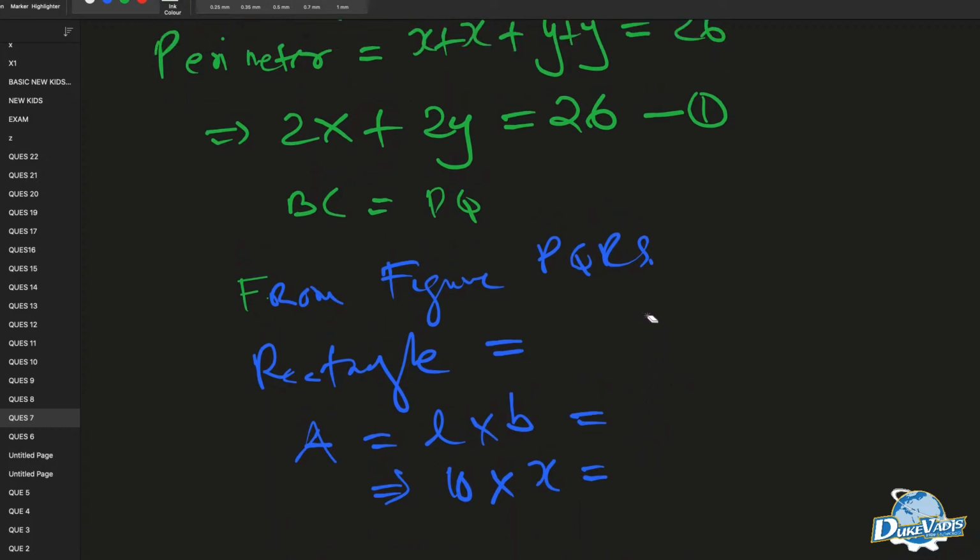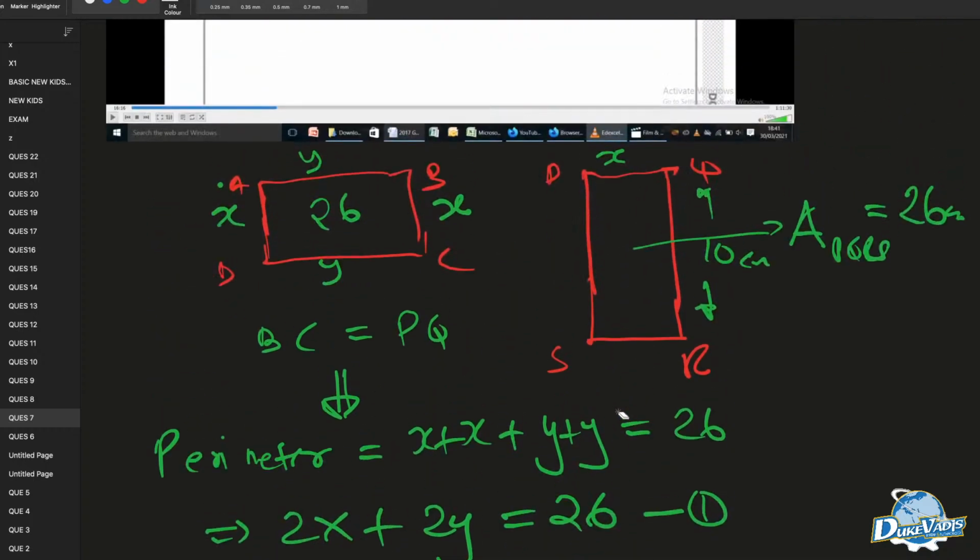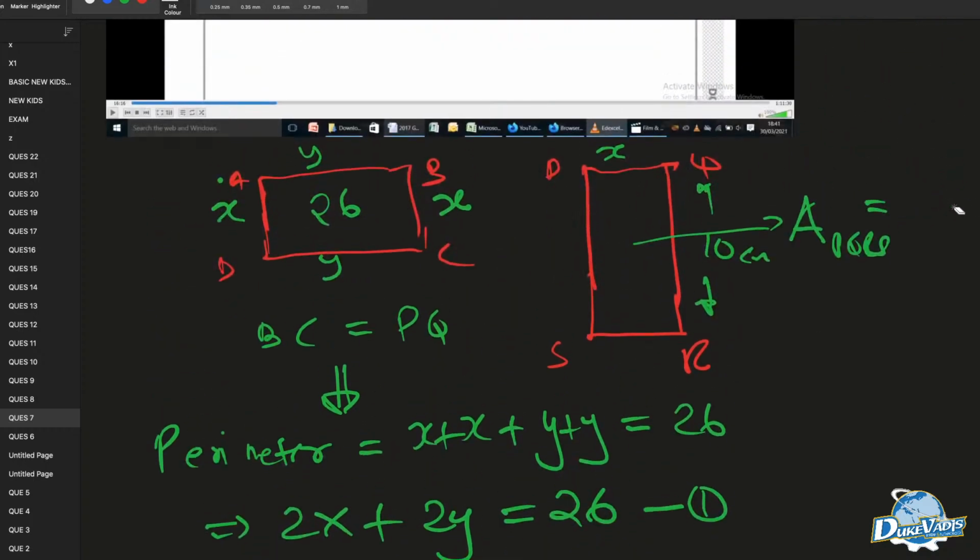Let's be careful. The area of the rectangle given is 45, not 26. So the area given here is 45 centimeters squared.